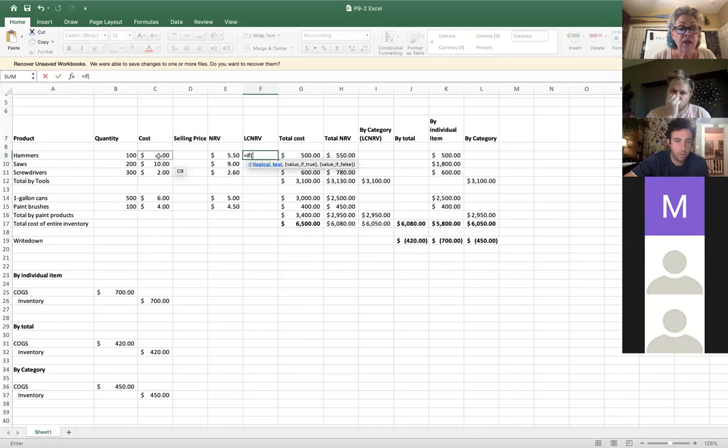So if my cost is less than my NRV, then I want cost.